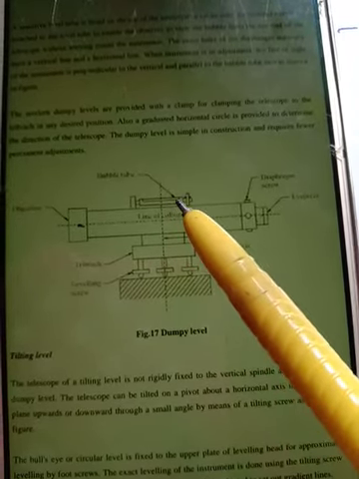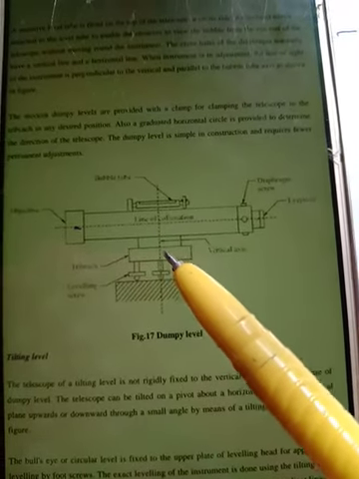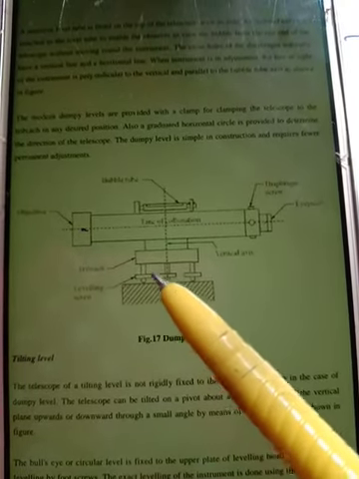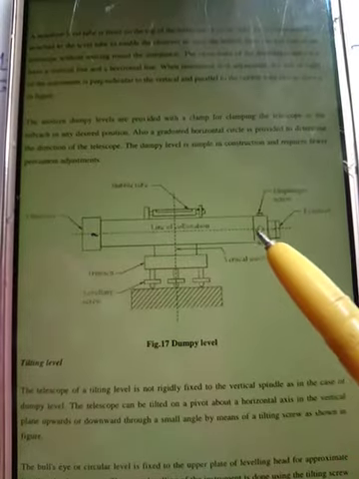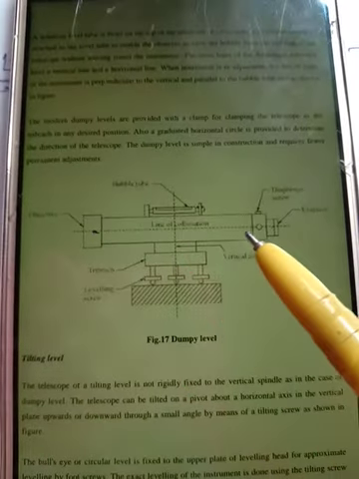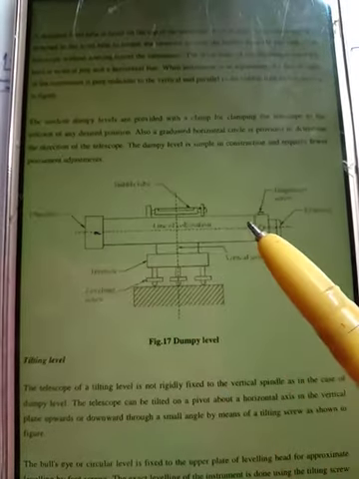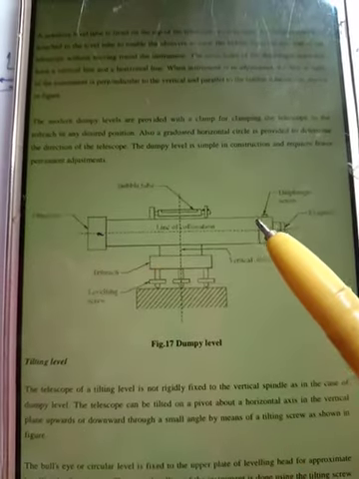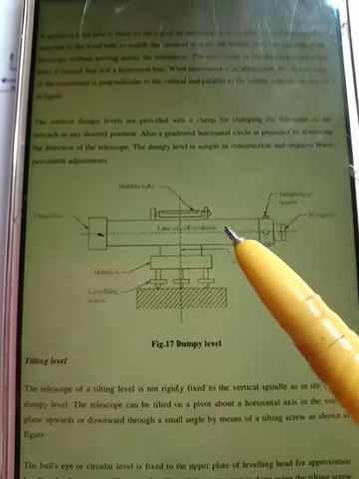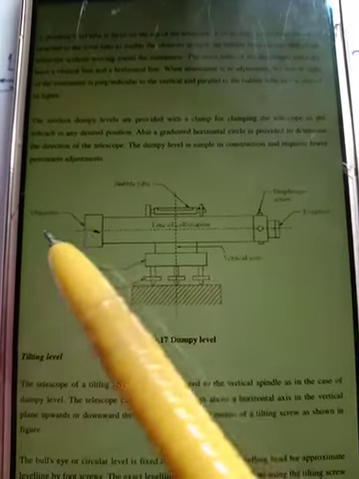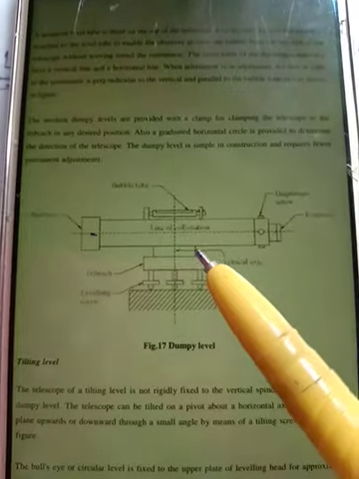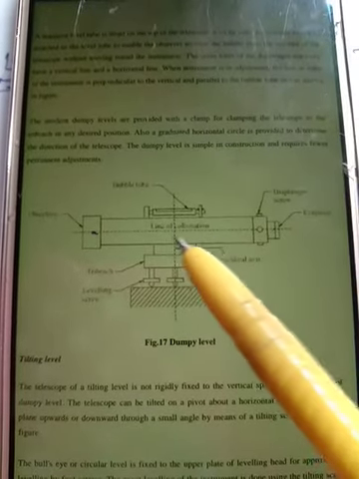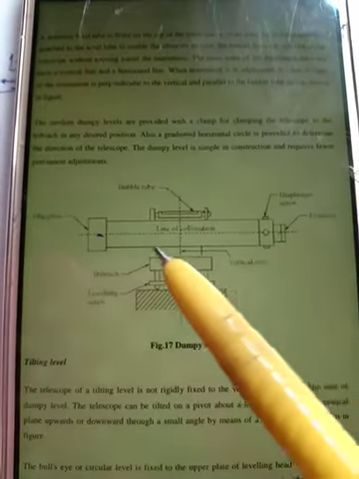Okay, using this bubble tube, you have to level this dumpy level using this adjustment or leveling screw. After that, you will get this level line. That is actually not a level line, it will actually be a horizontal line, but for a small distance this horizontal line and level line coincide. Okay, so this line is your line of collimation.